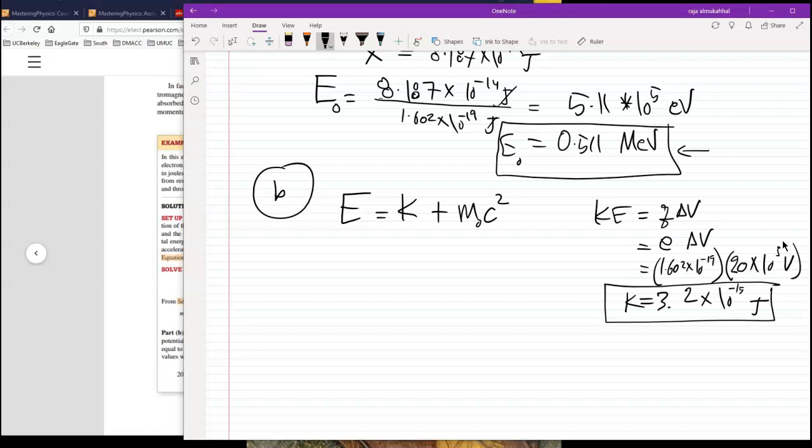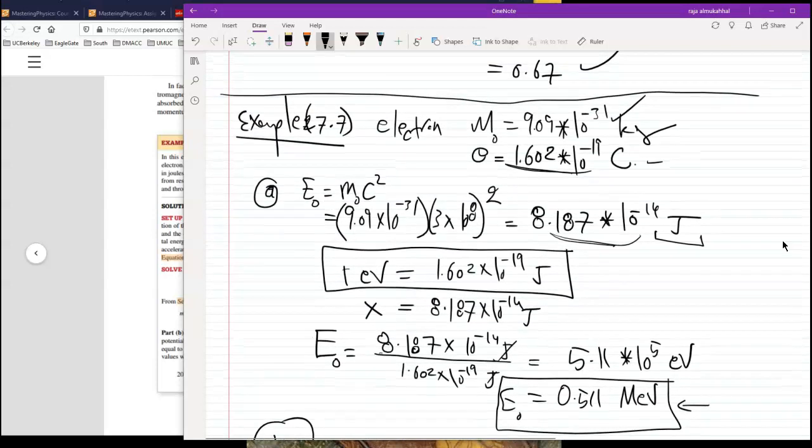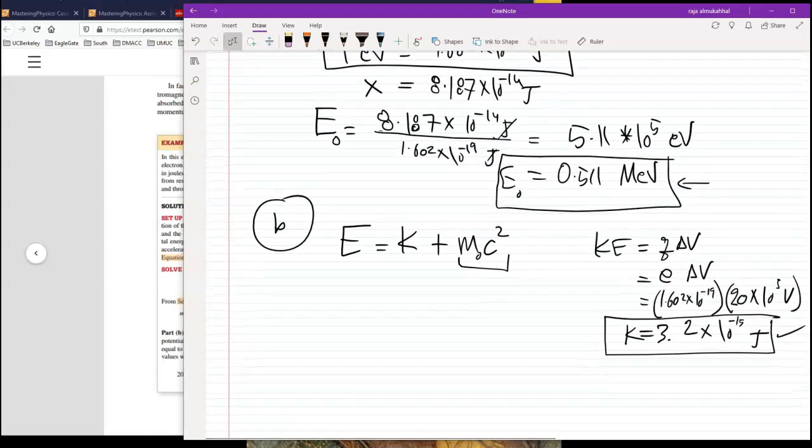Now, I want to know the speed. So now I have this one. And do I know m naught c squared for the electron? Absolutely, I just found it there in joule. And what about the total energy?